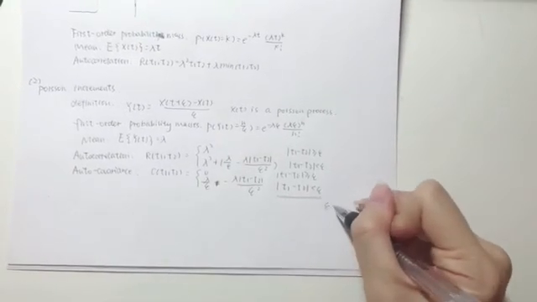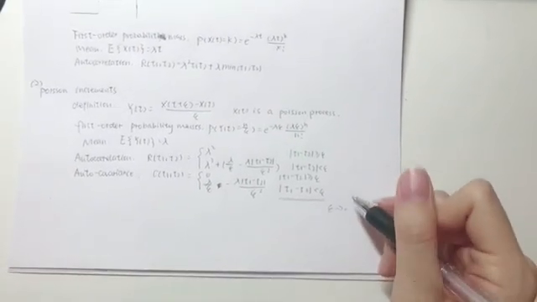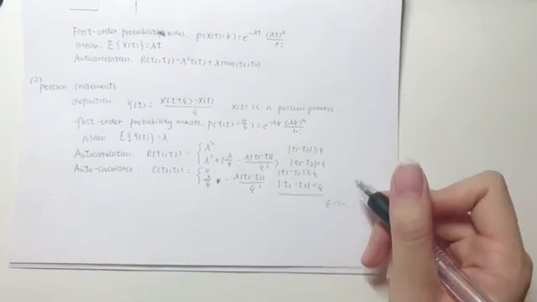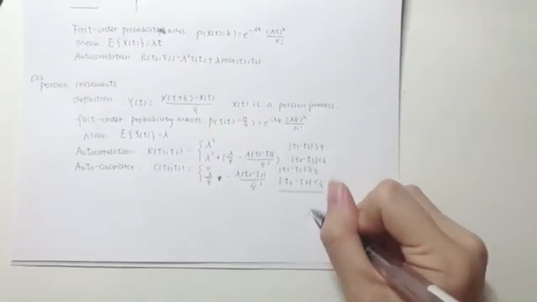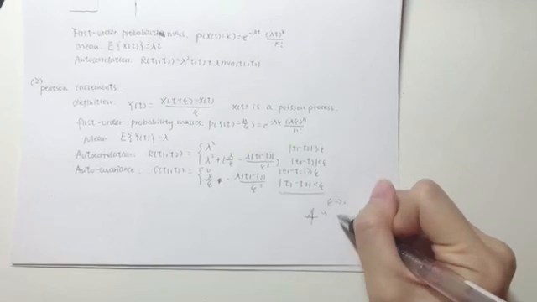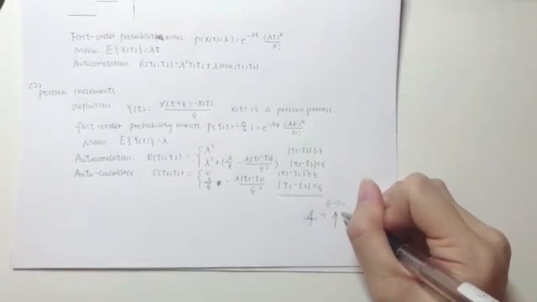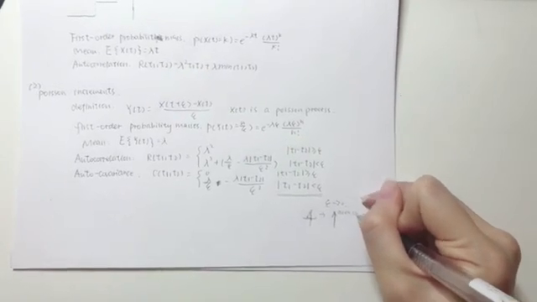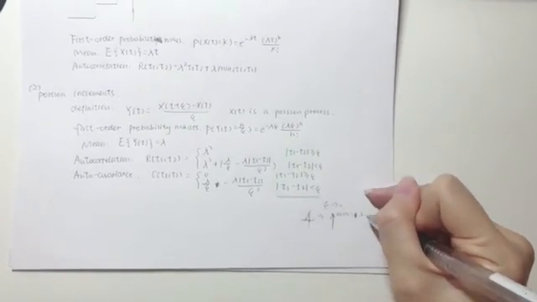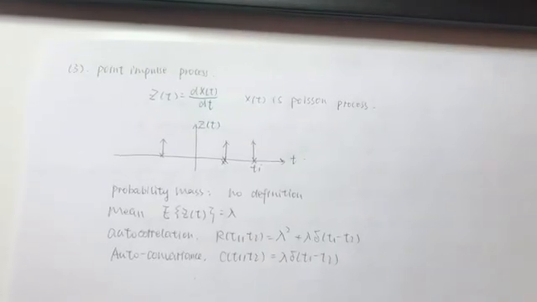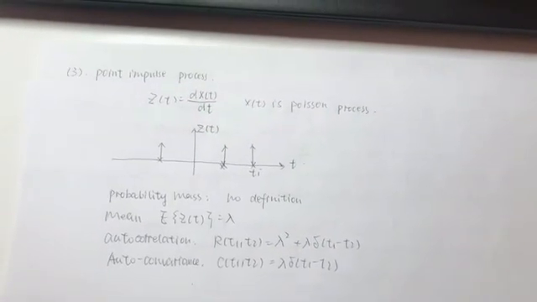When epsilon gets to 0, the triangle becomes an impulse, and the area of the impulse will be lambda.